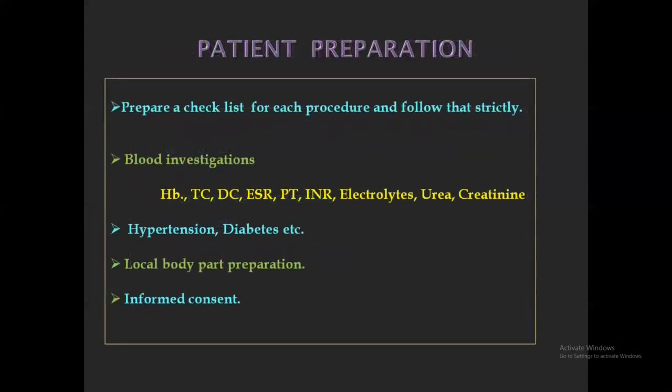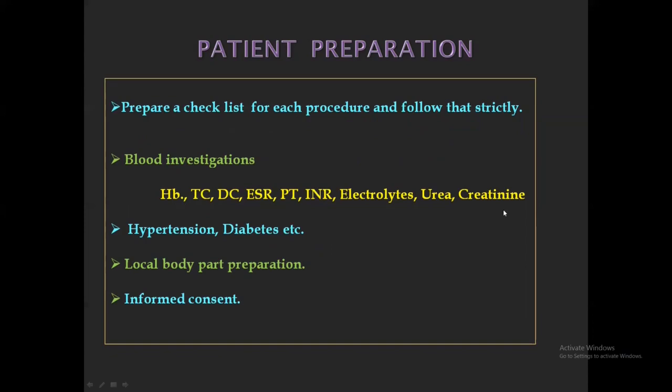For patient preparation, we need some preparation, like preparing a checklist for the procedure. That means what are the things to be checked before the procedure is started. For each type of angiogram, like cerebral angiogram, peripheral angiogram, or an intervention study, there will be specific protocols to be followed. Blood investigations and clotting parameter investigations, then electrolytes, urea and creatinine.